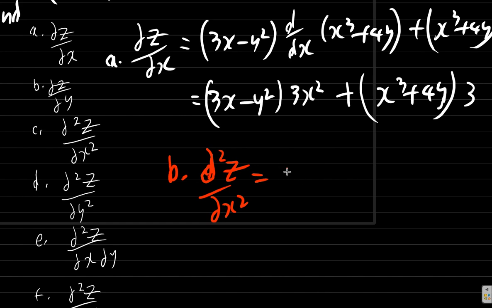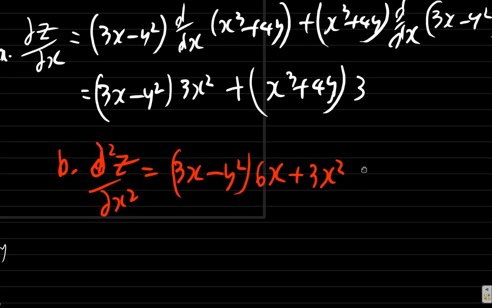Let's say you hold the 3x minus y squared as it is, times when you differentiate 3x squared with respect to x, you get 6x, plus you hold 3x squared as it is and multiply that by, when you differentiate 3x minus y squared with respect to x, you get 3 times 3.